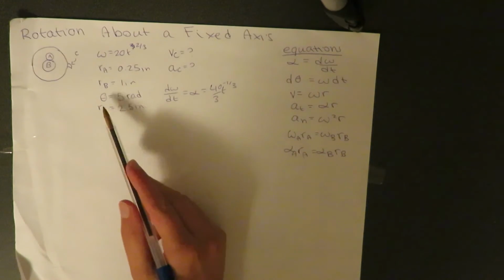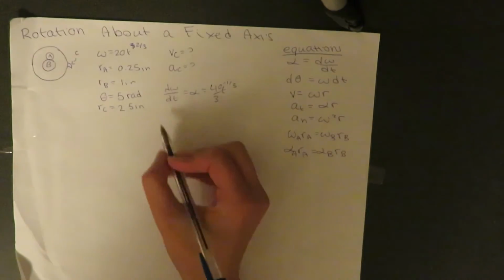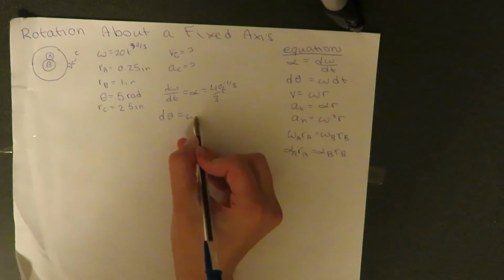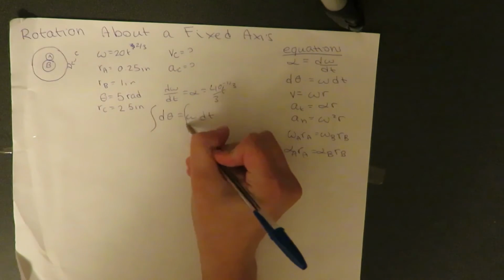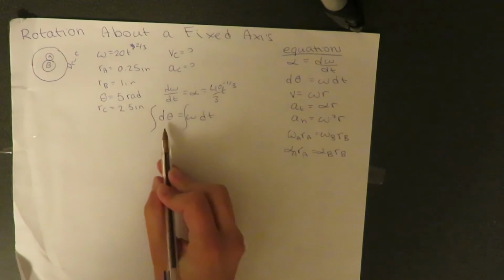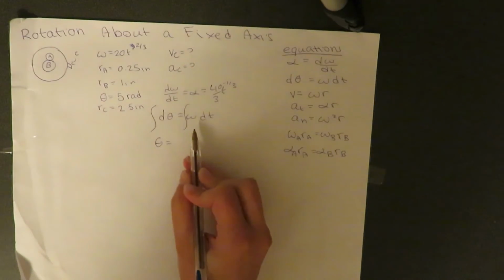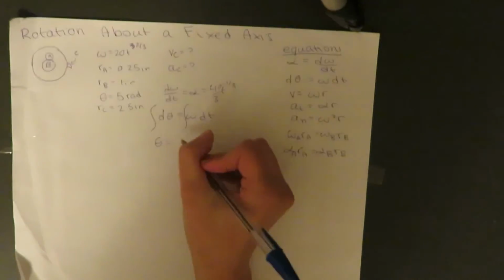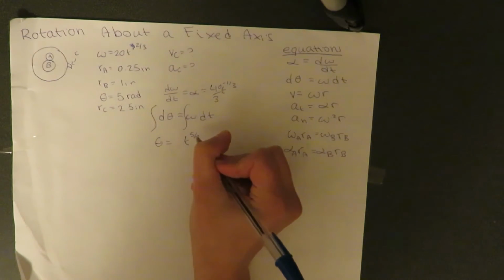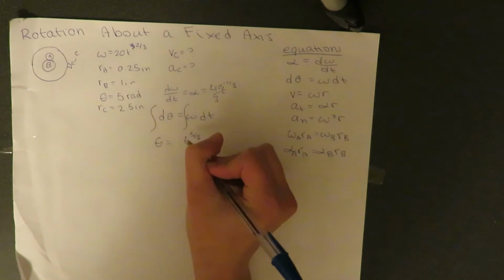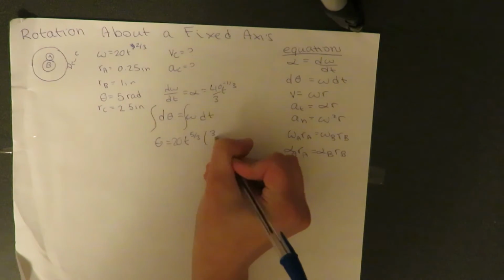There's actually a way we can find that. It gives us theta in the question, and we know that d theta is equal to omega dt. So if that's true, then integrating both sides will give us theta equal to the integral of omega, which is t to the 5/3 times 20, and we're also multiplying it by 3/5.